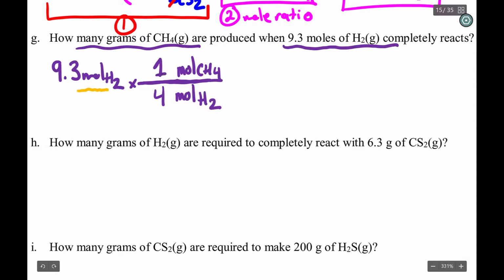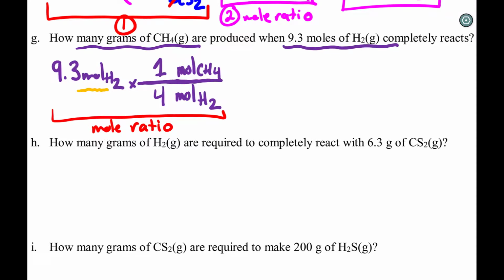So in my first step here, what I've done is a mole ratio, not a conversion to grams, because I can't use grams to compare two substances. The moles of H2 will cancel out with moles of H2, and now I have moles of CH4. This is my first step.